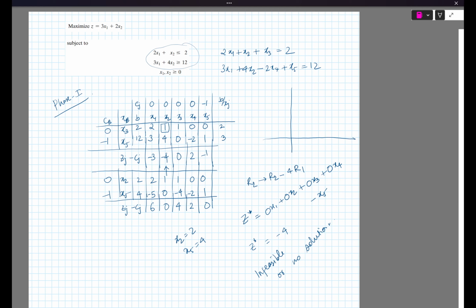If I put x1 equal to 0, I get, say, this is 2. And if I draw this equation, x1 equal to 0 means x2 is 3 and x1 is 4.